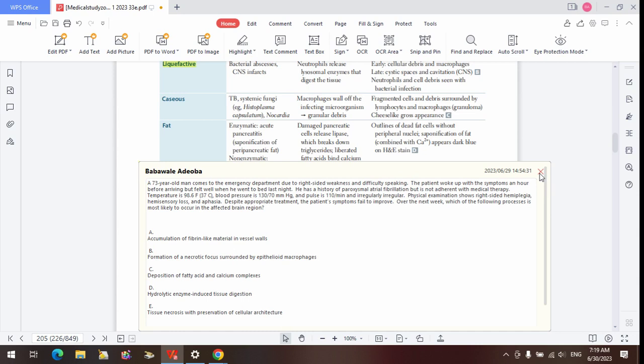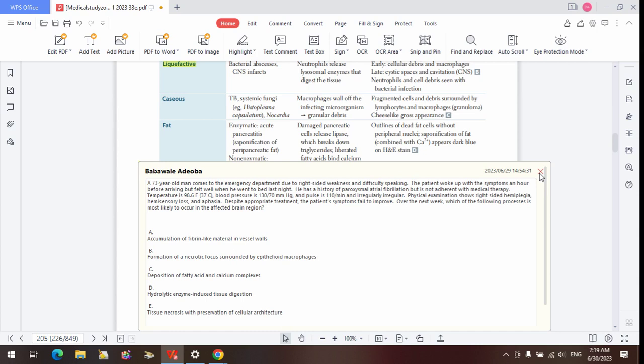What you even have there is maybe extravasation of blood, like bleeding, into that compartment, causing fibrinous deposit. But once you see that what they are talking about is a perfusion problem, it's not hypertension now. Blood is not getting to it. You won't think about fibrinoid. It will be coagulative.